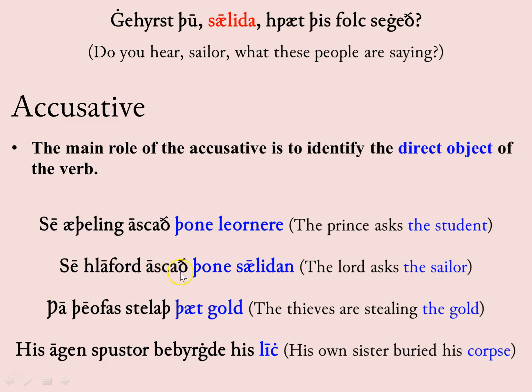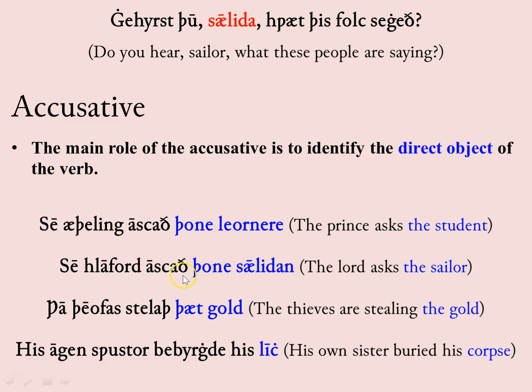Se hlāford ascaþ þone sælidan. The Lord asked the sailor. This time, notice this sailor is different to that one. That was in the nominative. This one is in the accusative. And so you know that the sailor here is the direct object of this verb here, asketh, connected with the action of this verb.